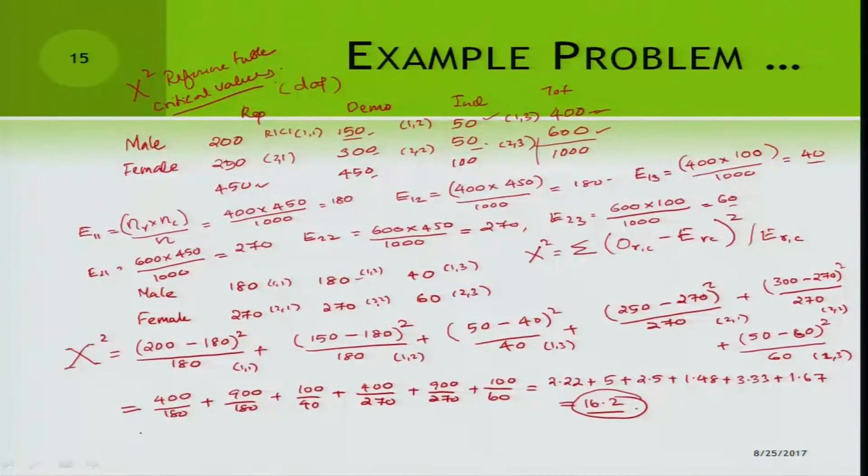The degrees of freedom we calculated earlier, df, was equal to 2. And to prove this, you also have to say what your confidence level is, the level above which you are confident.